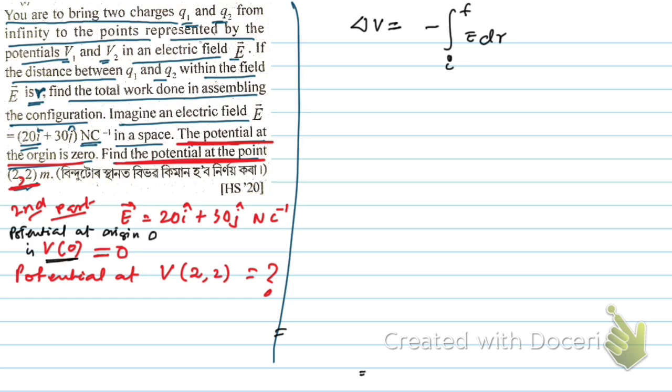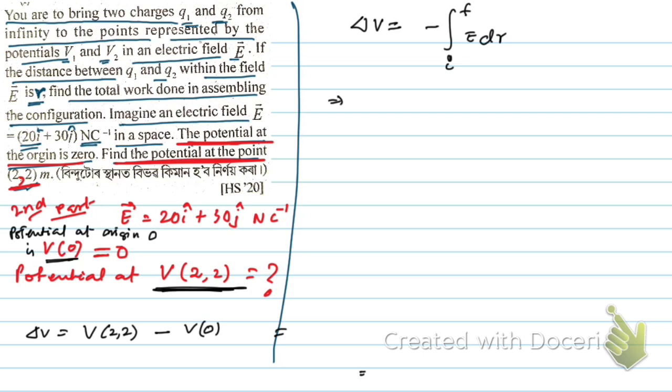In our case, as we need to find the potential at 2, 2, our del V is nothing but the potential difference between the points 2, 2 and 0, 0, that means the origin. Okay. So that should be 2, 2.